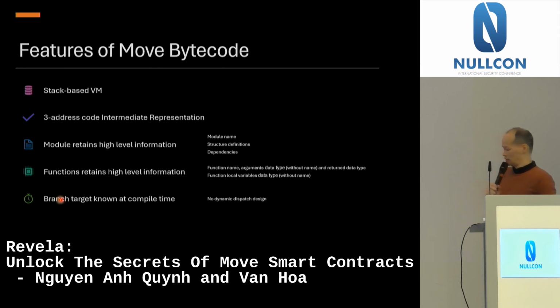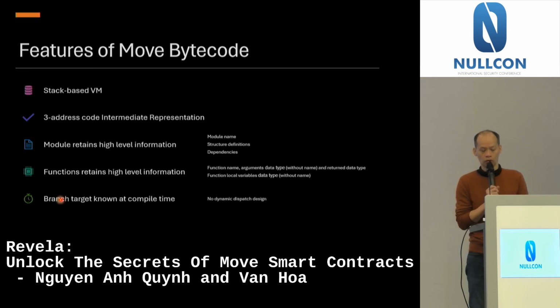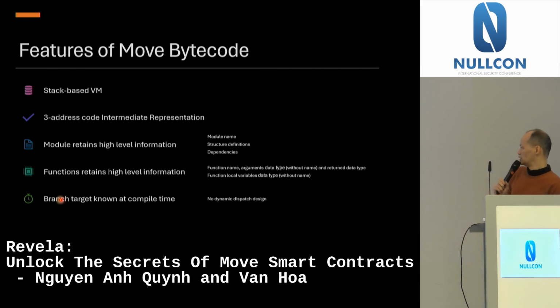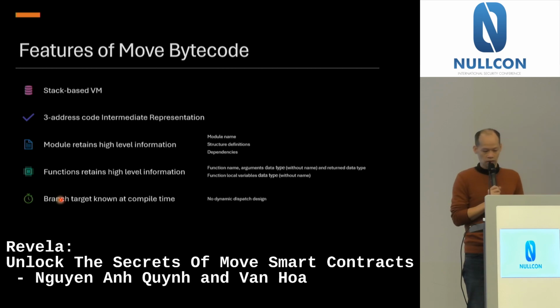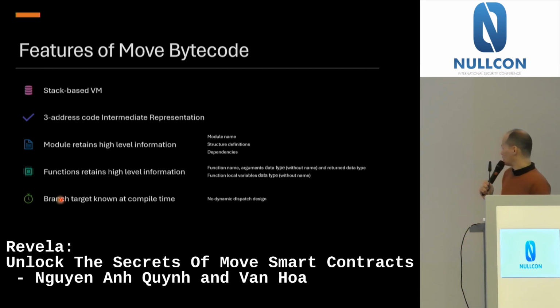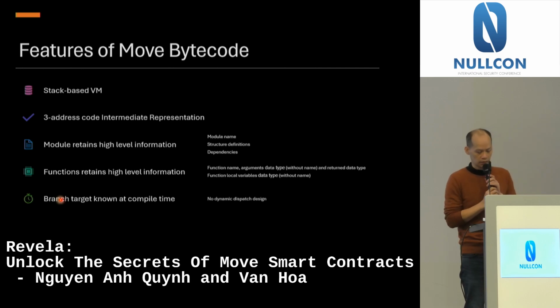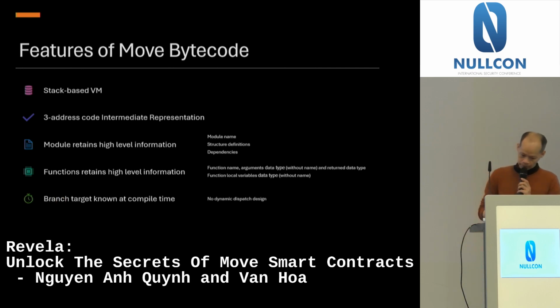Inside a function, we can have many local variables, and the bytecode also keeps the data types of the local variables, except that it doesn't keep the names of the local variables. And finally, the branch target is known at compile time, so Move does not support dynamic dispatch design like in Solidity or EVM.